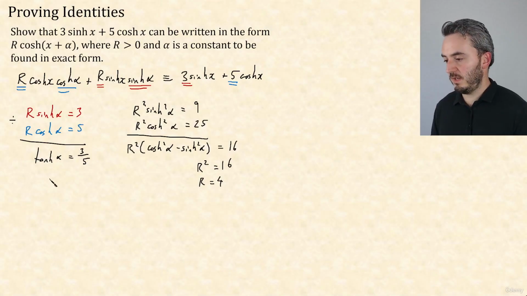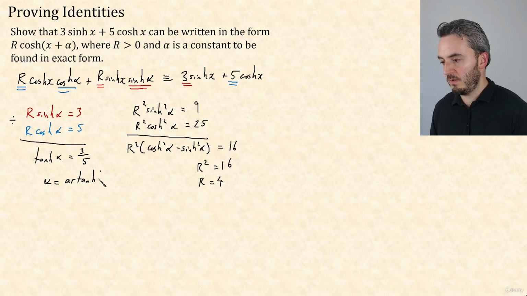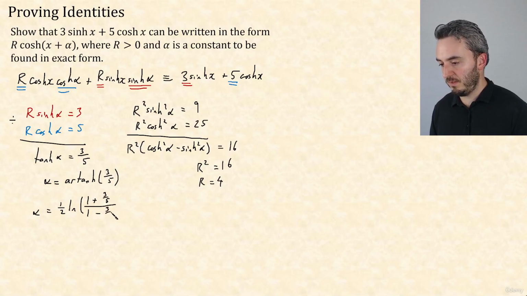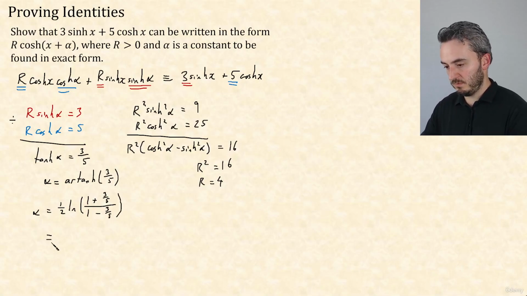So that means that alpha is artanh of 3/5, and now I can just use the formula for what artanh is. So artanh of something is half ln of 1 plus that thing over 1 minus that thing. So what is that? Well, inside the bracket we've got 1 plus 3/5 and then 1 minus 3/5, that's just 4.